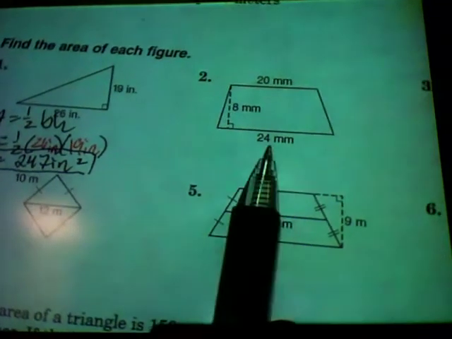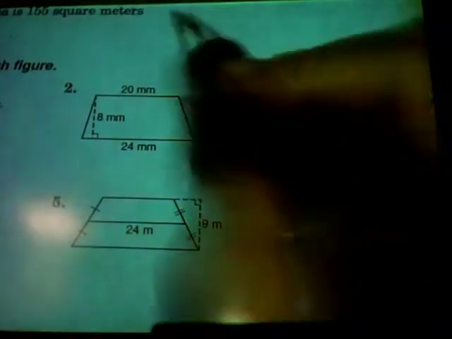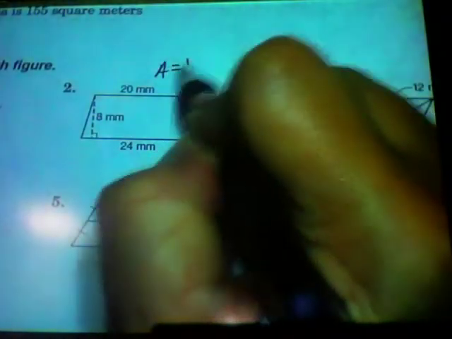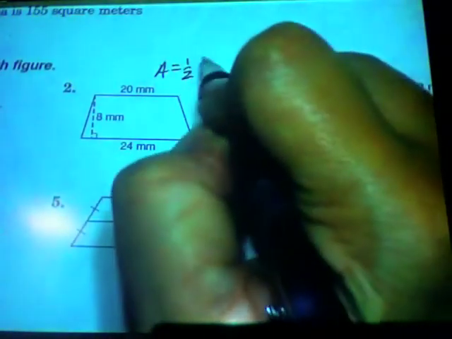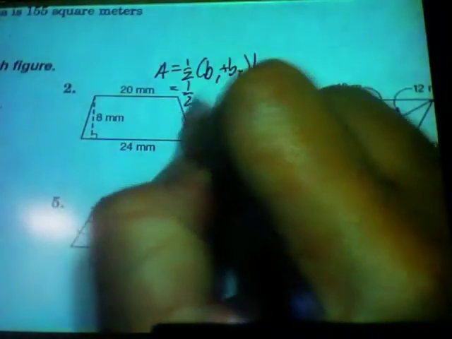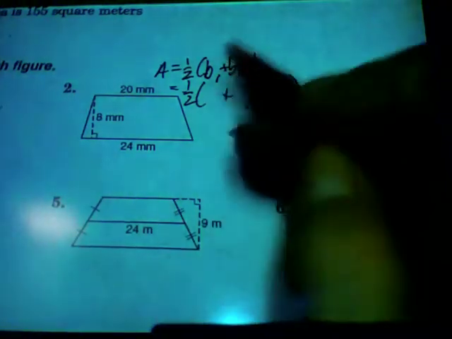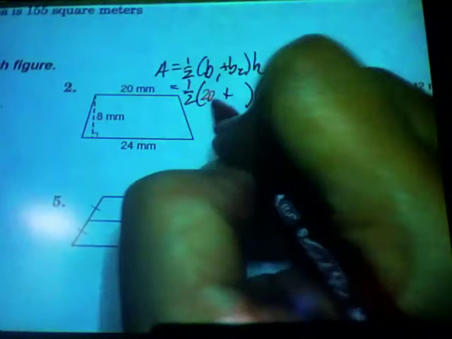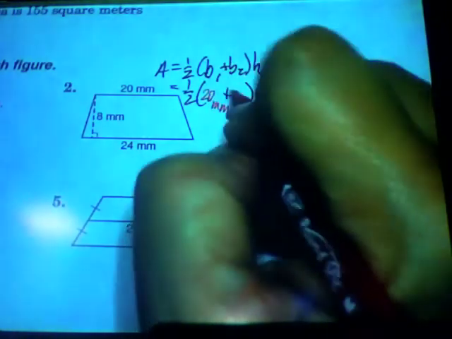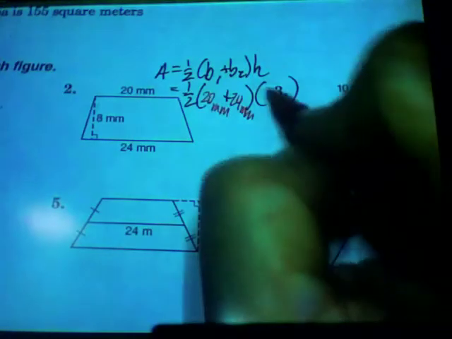All right, so this is your trapezoid. We've got our bases and our height, which is all we need. So we're going to start out with A equals 1/2. I like doing the sum of the bases times the height, but that's just me. You can put it in whatever order you want to. So plug in what you need to, using units of measure. So we've got 20 millimeters, 24 millimeters, those are your bases. Your height is 8 millimeters.